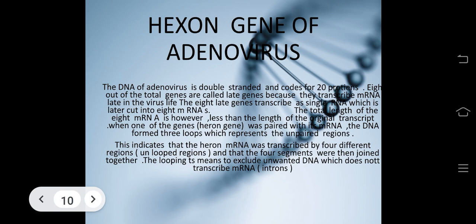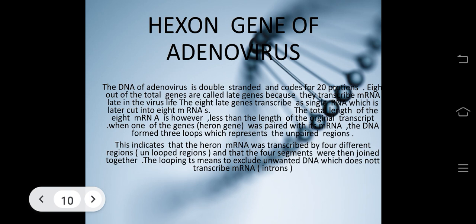The DNA of adenovirus is double-stranded and codes for 20 proteins. 8 of the total genes are called late genes because they transcribe mRNA late in the virus life cycle, and the 8 late genes transcribe a single RNA, which is later cut into 8 mRNAs. The total length of the 8 mRNAs is however less than the length of the original transcript.